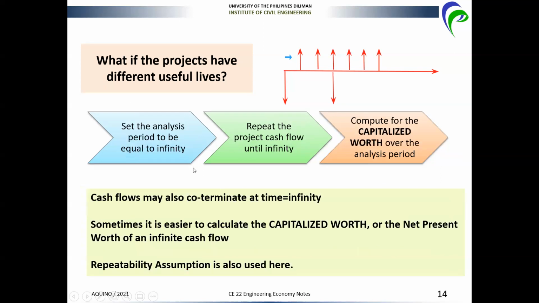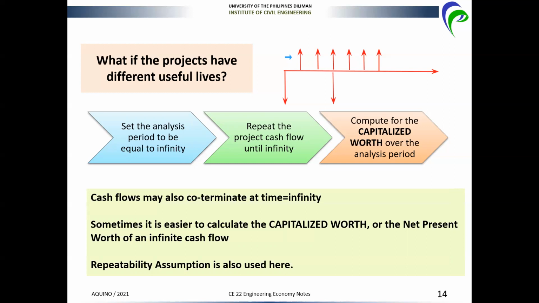Yung isang option pa natin, aside from their LCM, the projects also co-terminate at time equals infinity. No, di ba? And kaya ito na-float kasi we learned how to calculate yung mga perpetual annuities. So if it's mostly annuities, then it will be easy to calculate for their present worth using yung pag-aralan natin ng P is equal to just A over i.